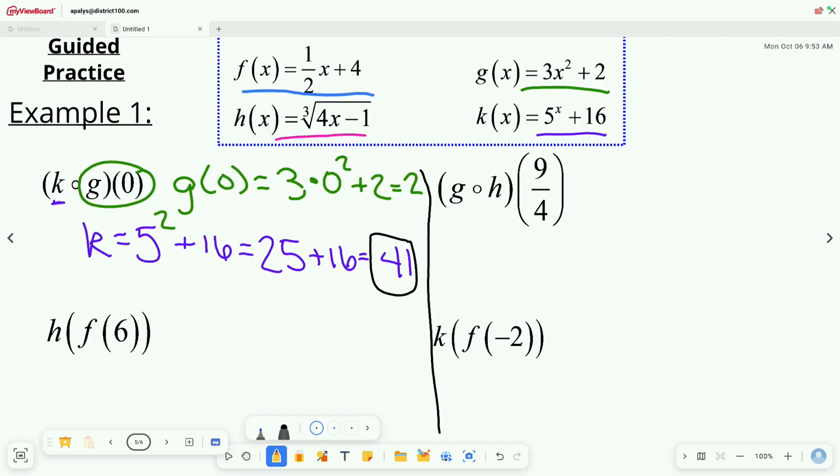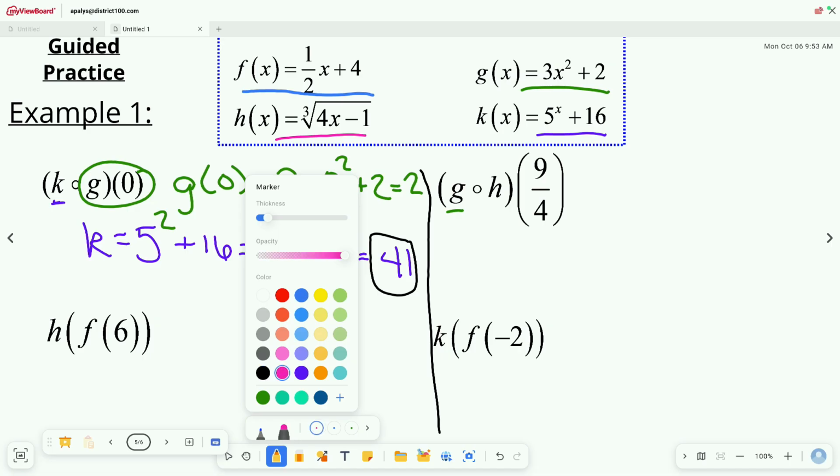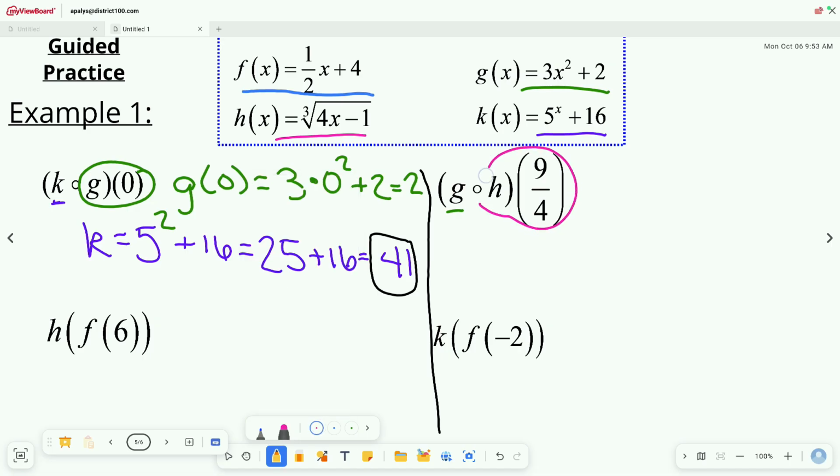Let's try to do the g of h of 9/4. It looks crazy, but it's not. You can put it into your calculator. So let's find the h of 9/4. The h is going to be the cubed root of 4 times 9/4 minus 1.